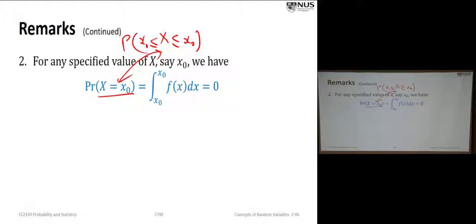Or maybe for myself, I say 1.76, but I'm not really 1.76 meters tall. Maybe 1.761 is still not accurate. 1.7612, still not accurate. Even if we have 100 decimal places, maybe still not the correct height. So my point is, for continuous variables, it's very hard to hit that particular value. That's why the probability of X equal to a particular value for a continuous random variable is equal to 0.